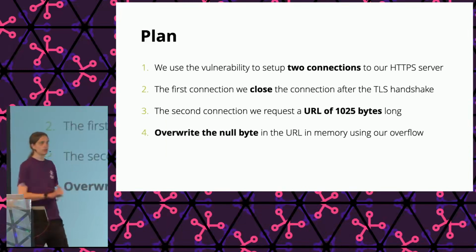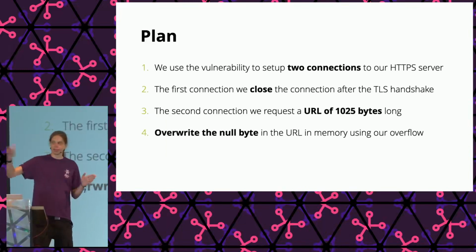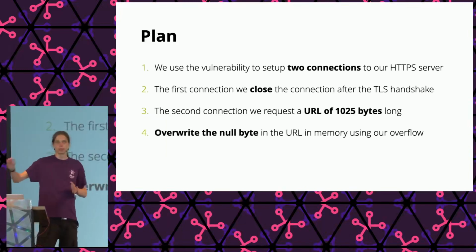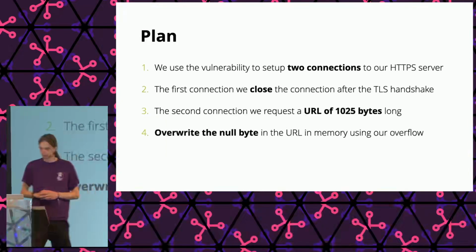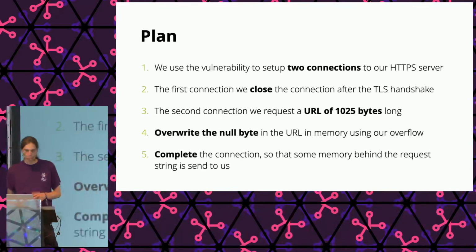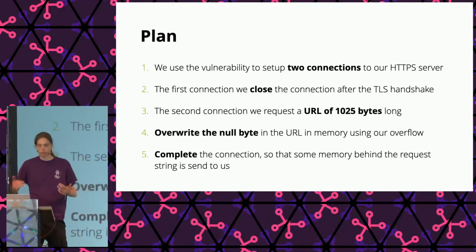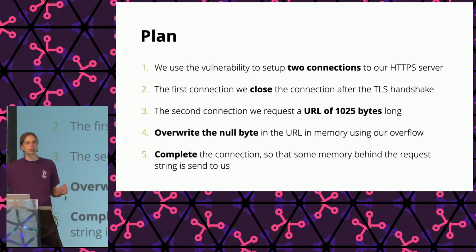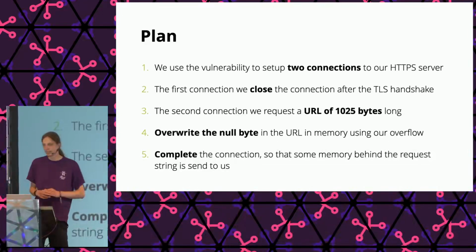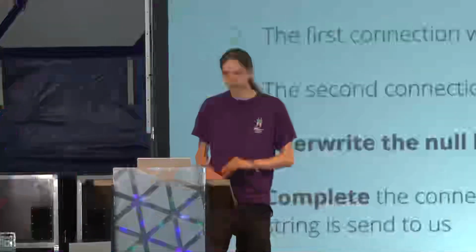And then we use the buffer overflow to overwrite everything up to the first 0 byte after that string. And then we complete the connection, and then when it sends that path to the server, it will keep reading on after the URL, and then it will also include that memory in the request it sends to us.